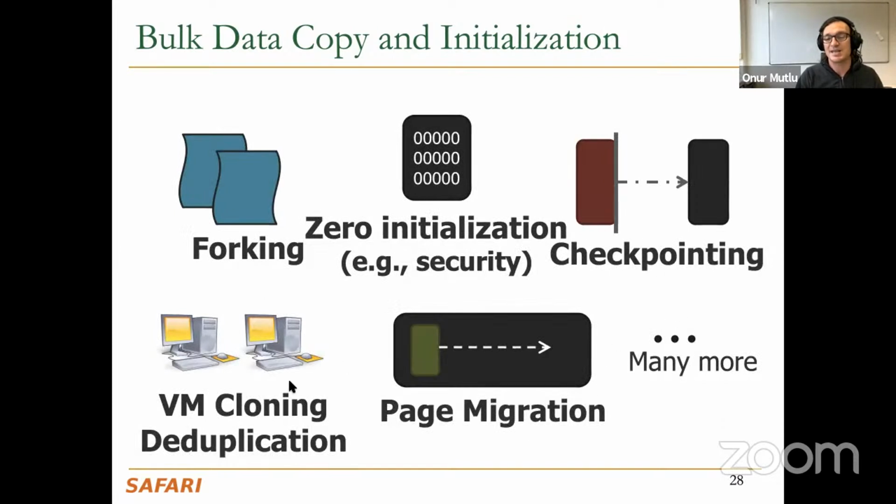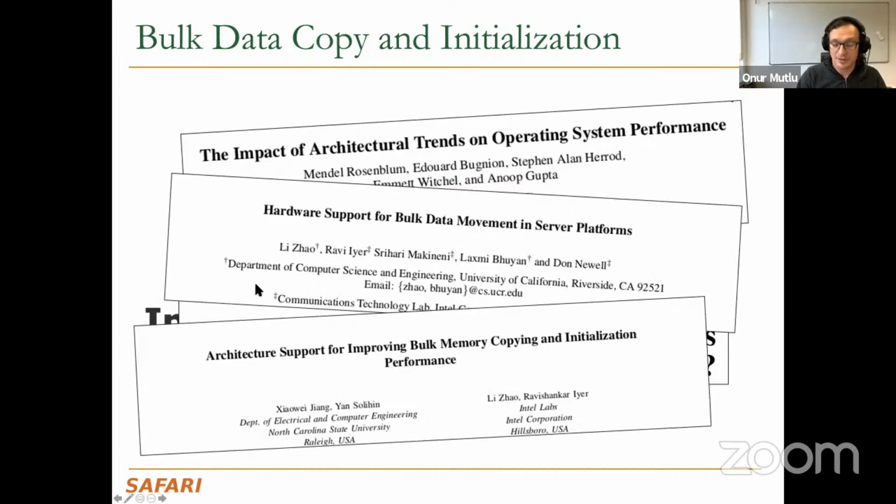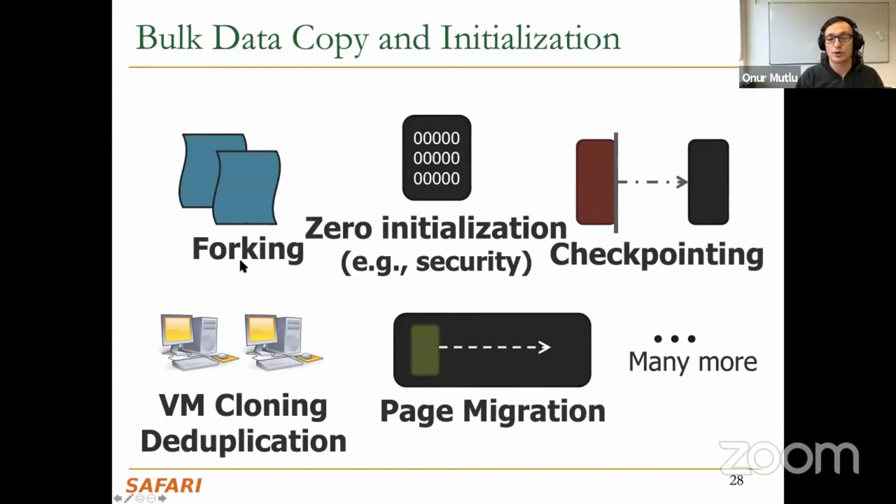And you can see some example applications and system calls that lead to data copying and initialization: forking, virtual machine cloning, page migration, initialization of pages for security purposes, and, as I mentioned, initialization of a whole database, for example, before you start it up. It can take a long time, and it can be energy inefficient if you're actually going through the processor for all of this.